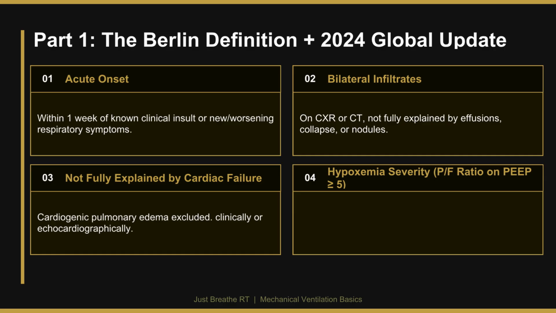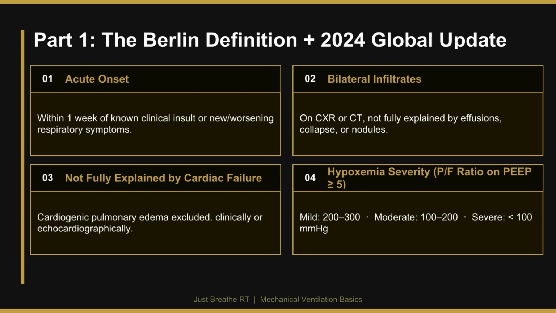The 2012 Berlin definition uses the PaO2 to FiO2 ratio on a minimum PEEP of 5 centimeters of water. Mild ARDS, PF ratio 200 to 300. Moderate, 100 to 200. Severe, below 100. The lower the PF ratio, the higher the mortality risk, and the more aggressive the intervention.